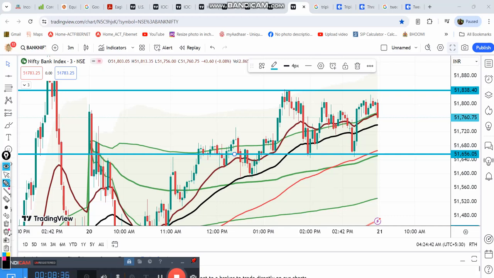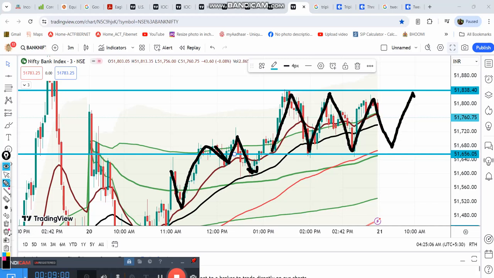See, first time it came back to 21 here, it went up. Second time it came back to 21 and then it fell. So there were 2 times it went up. It went up twice. So here also it may go up again. After coming back to 100, it may go up again and then it may fall like this to 200 EMA.